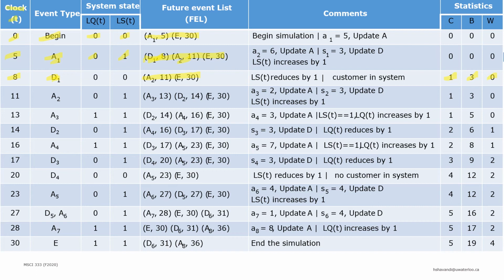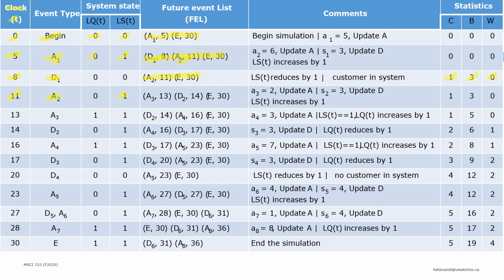Again, we advance time to time 11, the occurrence time of the next event, which is the arrival of the second customer. Again, there is no one in the system, so the server starts serving this customer right away, and its state changes to 1. Since it's an arrival, we generate 2 events.